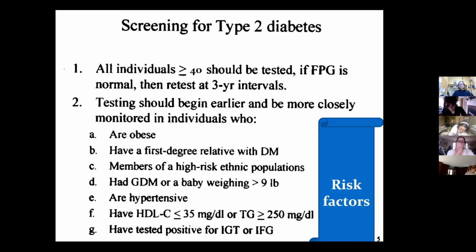Testing should begin earlier than that and be more closely monitored in individuals who are obese, because obesity, particularly central obesity, where the person holds weight in their abdominal region, is the type of body fat that interferes with insulin usage.